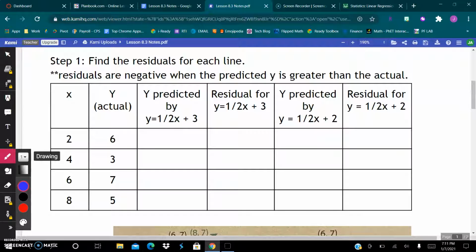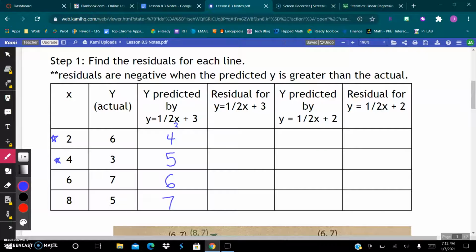Half of 2 is 1, 1 plus 3 is 4. Then I plug in 4. Half of 4 is 2, and 2 plus 3 is 5. Then 6, half of 6 is 3, 3 plus 3 is 6. 8, half of 8 is 4, 4 plus 3 is 7.